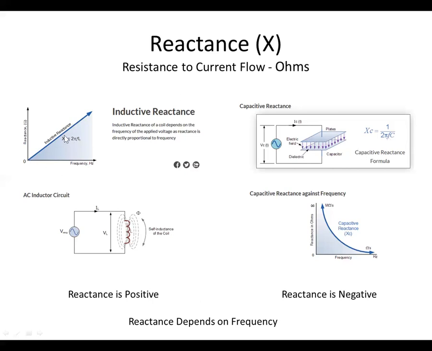So keep in mind this relationship. On an inductor, as the frequency goes up, the reactance goes up. On a capacitor, as the frequency goes up, the reactance comes down. And if you calculate the capacitive reactance, you calculate it as a negative number, and the inductive reactance is a positive number.